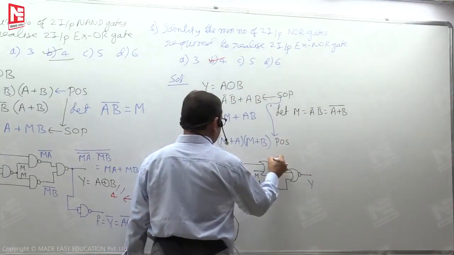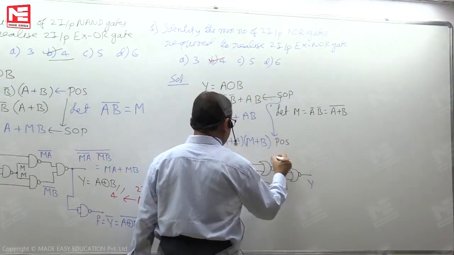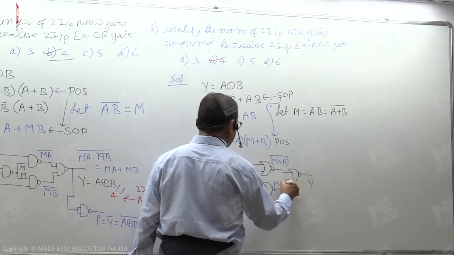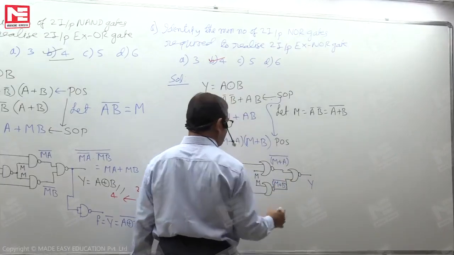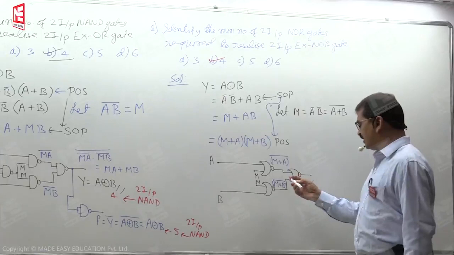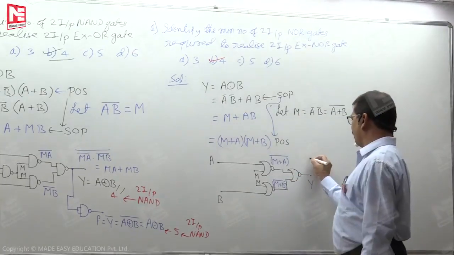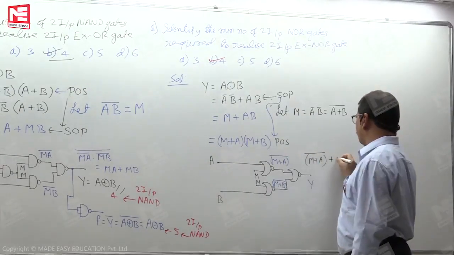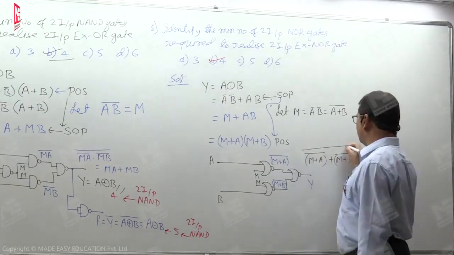For clarity, let us verify. This is M plus A complement. This is M plus B complement. So we have the second level NOR gate output. The second level NOR gate output is (M plus A complement or M plus B complement) whole complement.